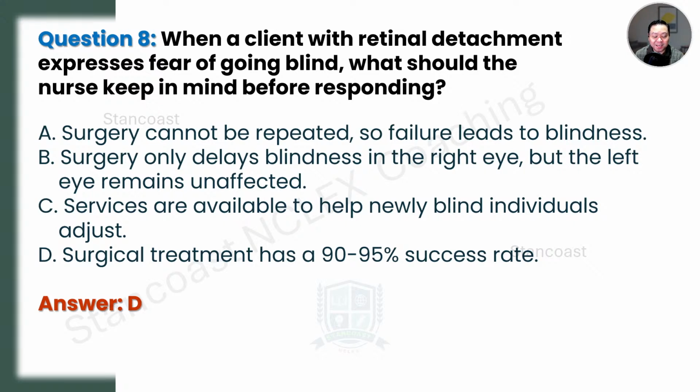This is kind of morbid, actually. You are expecting that they're going to get blind sooner. So the client's concern is about avoiding blindness. And again, this is something that we need to emphasize. We need to reassure and also provide comfort and also provide optimism that the surgical procedure will be effective. Okay? We need to address the client's concern here.